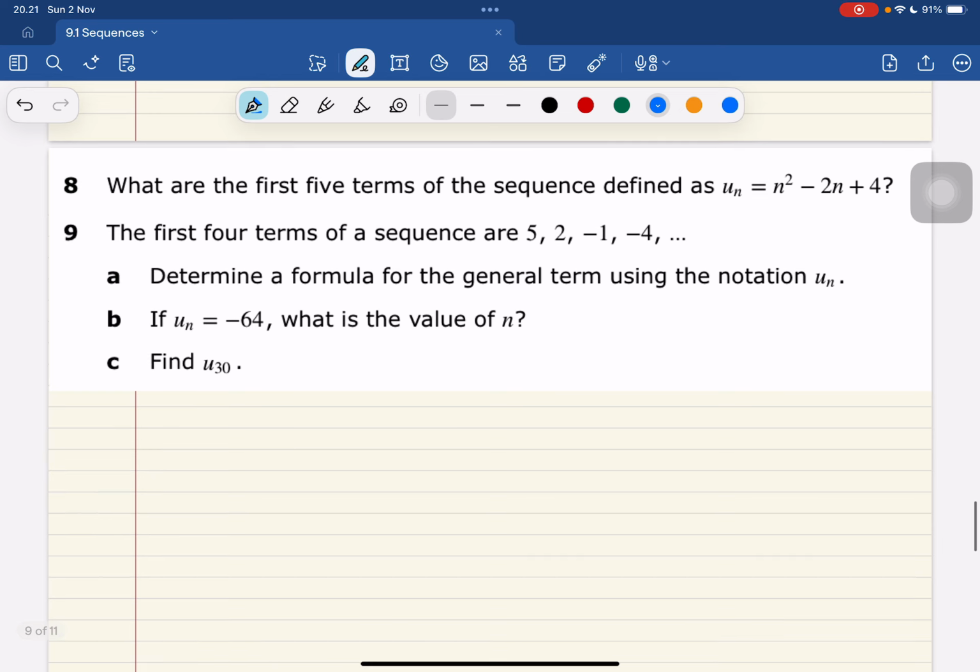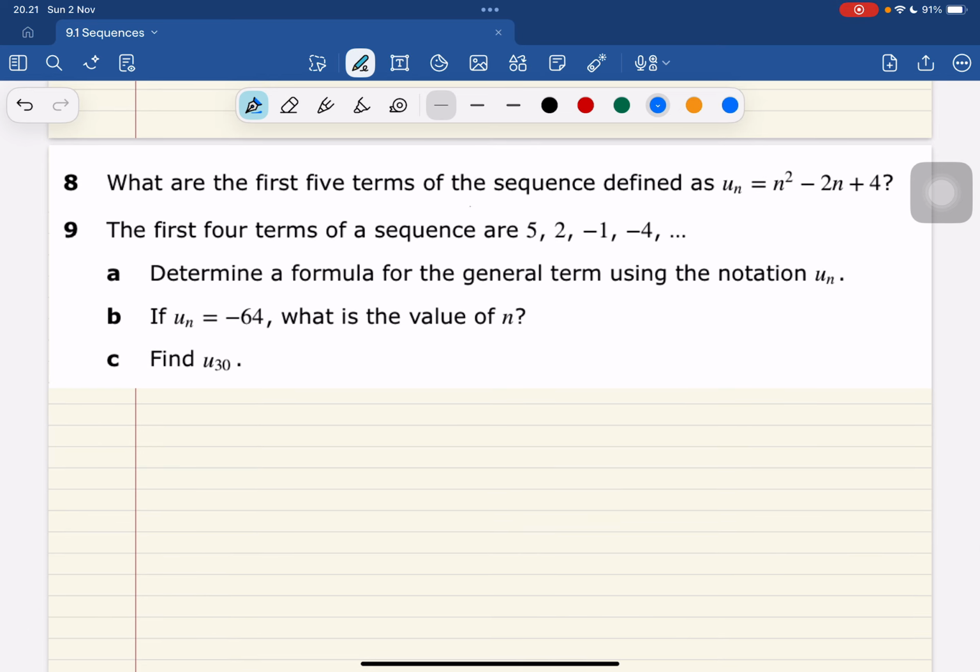Number 8. What are the first 5 terms of the sequence defined as un equals n squared minus 2n plus 4? So we just need to substitute, starting with n equal to 1.